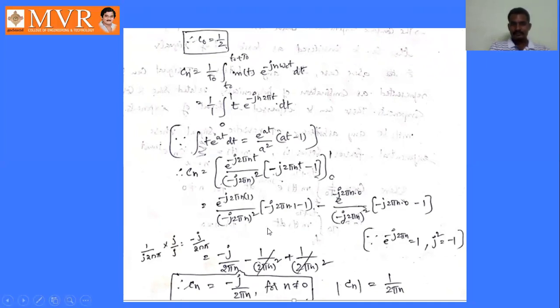By simply substituting these values 1 and 0 here, we get cn equal to minus j by 2 pi n.